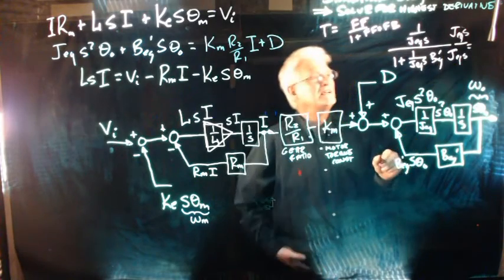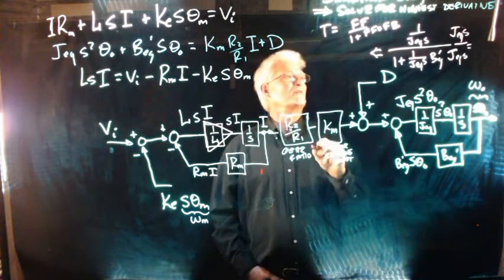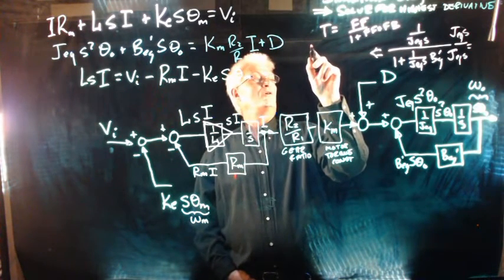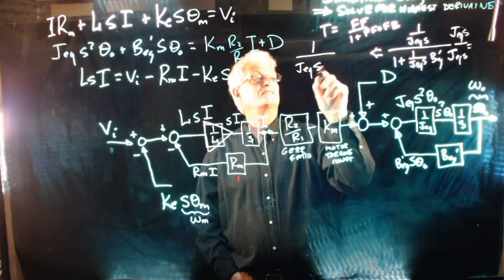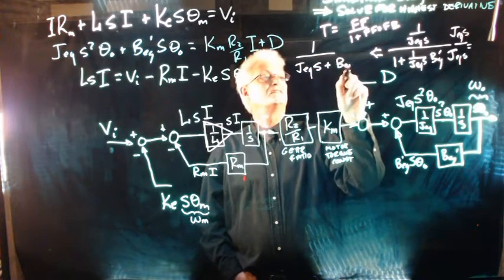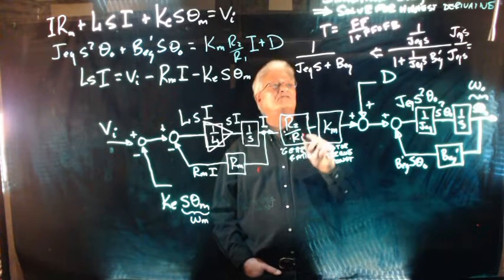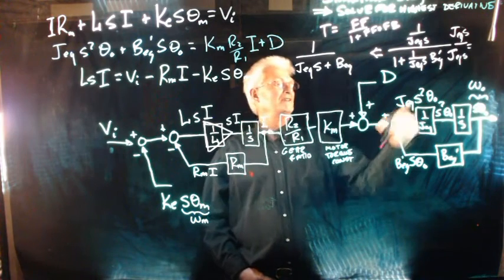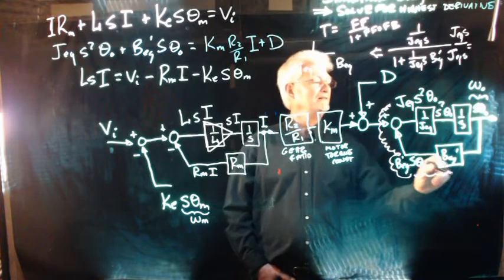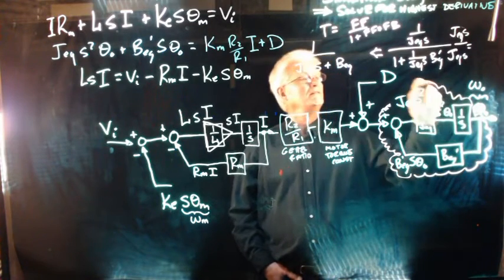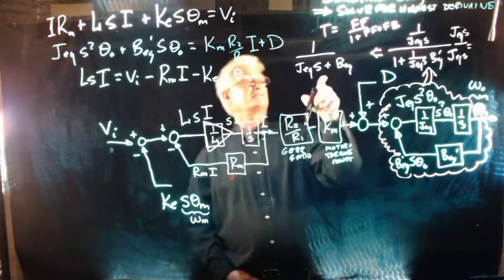That's going to give me 1 over J equivalent s plus B equivalent prime. So this whole block can be replaced by this.